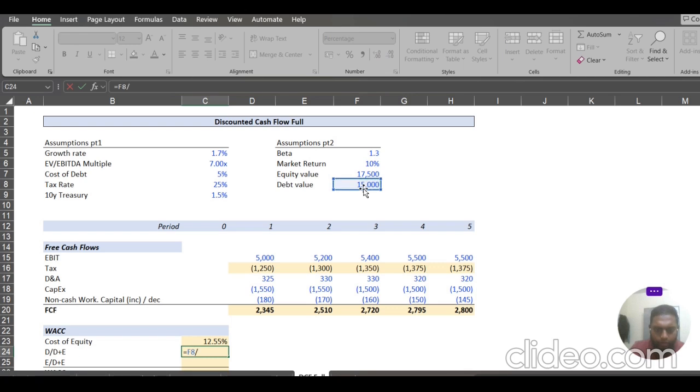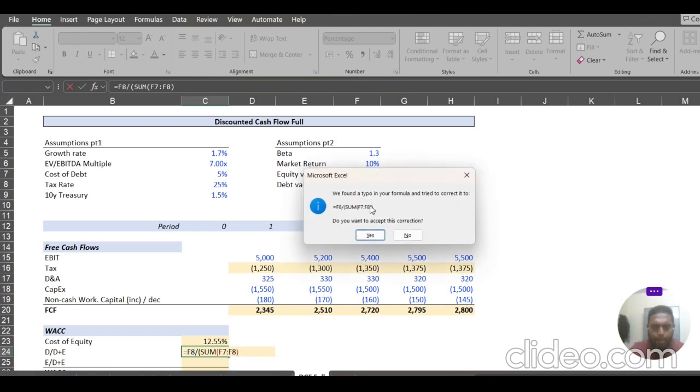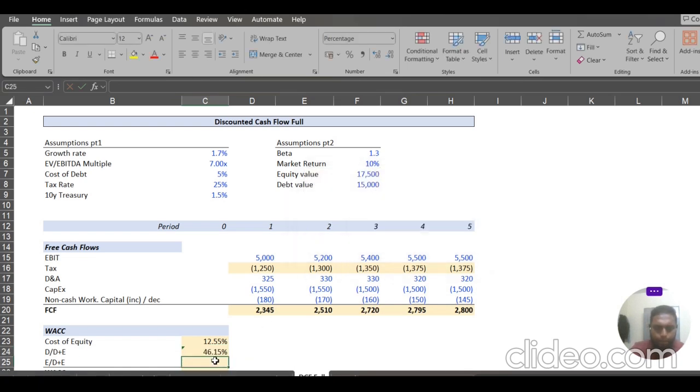Now debt divided by sum of equity and debt. Equity divided by sum of equity and debt.